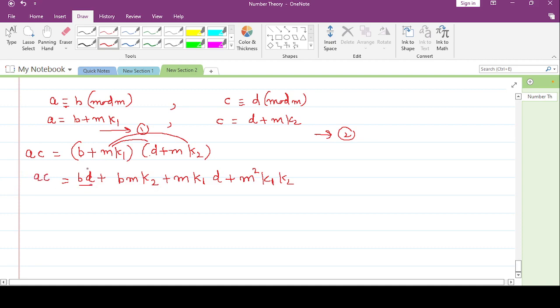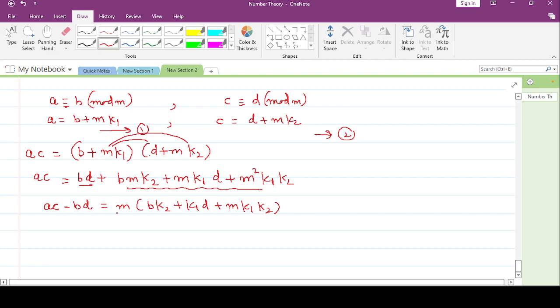Now bring this term to the other side, so it is ac minus bd equal to, taking m common, b into k2 plus k1 into d plus m k1 into k2.